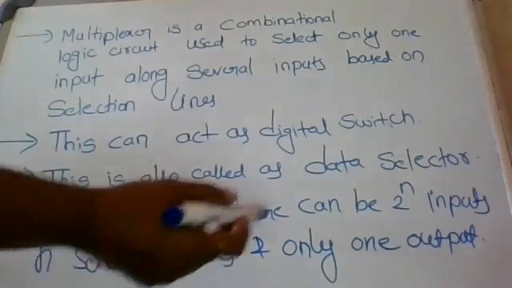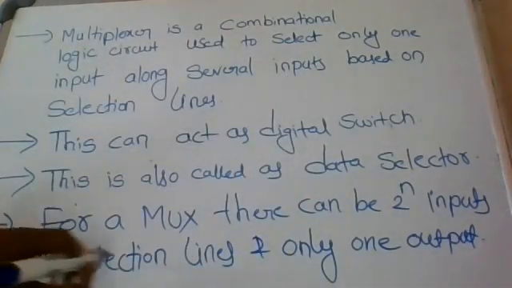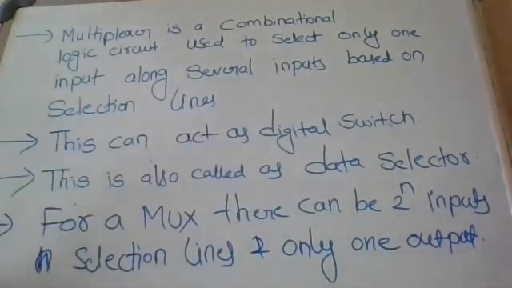For a mux, there can be 2 power n inputs, n selection lines, and only one output. So what is the n? N is the number of selection lines. In a multiplexer, we have only one output.